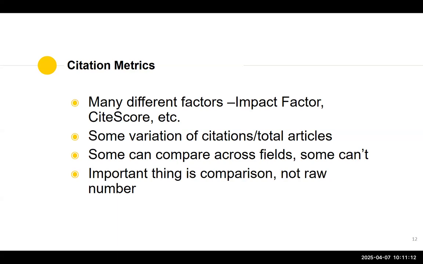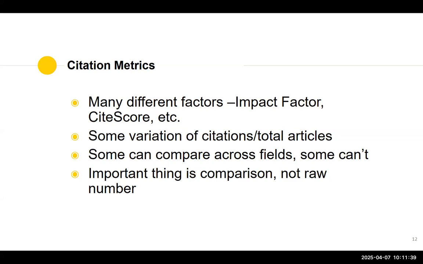And what impact factor is, it's a way of comparing journals. And basically it's looking at the number of papers that are cited in a journal divided by the number of papers that it published. Or I think it might be number of citations.